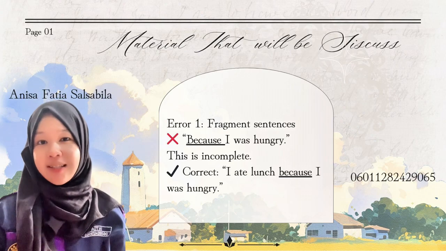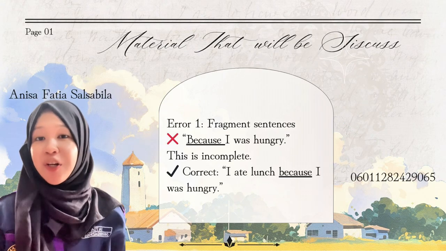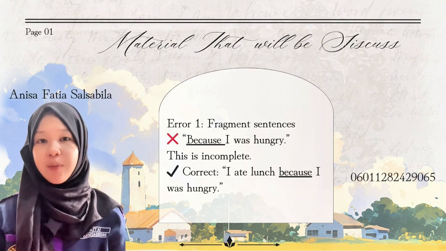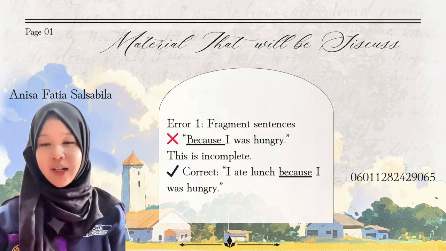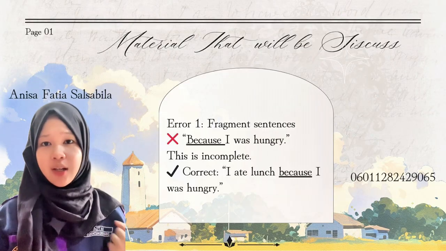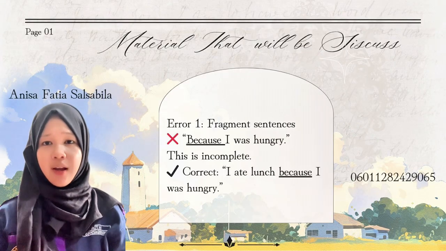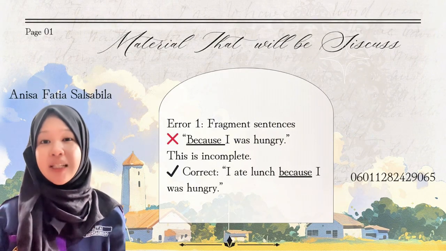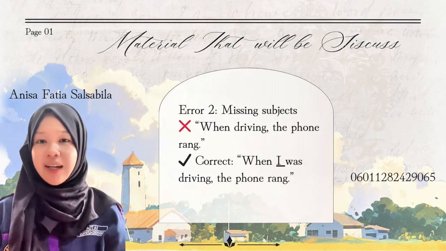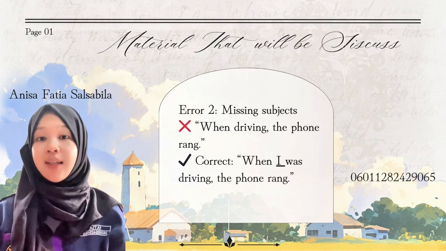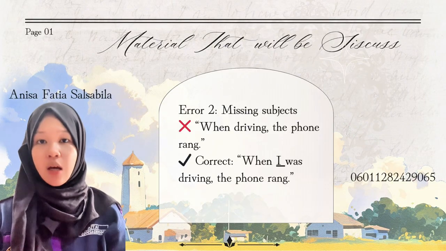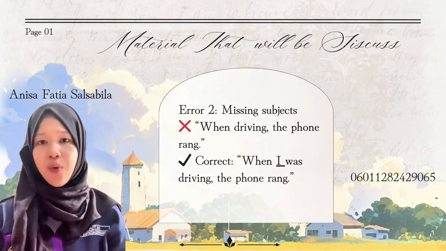Now let's look at some common mistakes that learners often make with adverb clauses. The first one is fragment sentences. The incorrect one is because I was hungry. So this is incorrect because it is an incomplete sentence. The correct one is I ate lunch because I was hungry. The second error is missing subjects. For example, when driving, the phone rang.